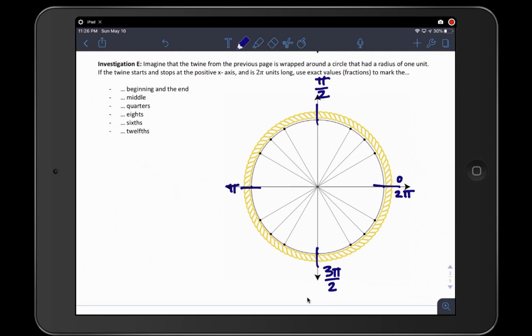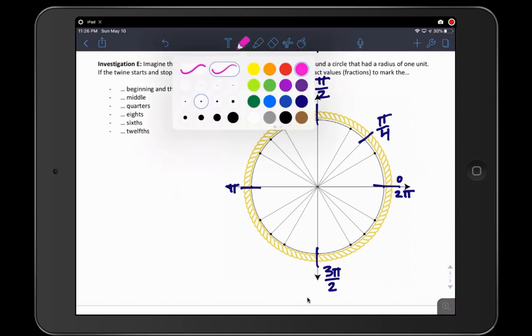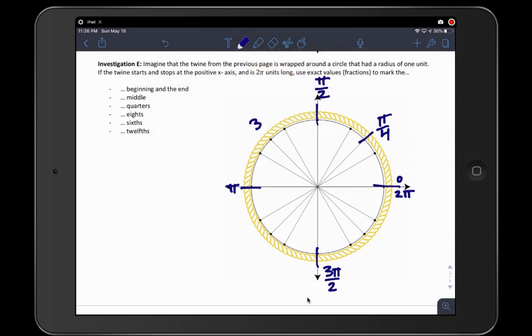All right, let's do halfway between there. So we know half of a half is a quarter. So we're going to mark pi over 4 right there. And then same thing happens as we did before. You're just adding a quarter every single time. So this would be 1/4, 2/4, which reduces to a half. And then we have 3/4, which is 3 pi over 4.